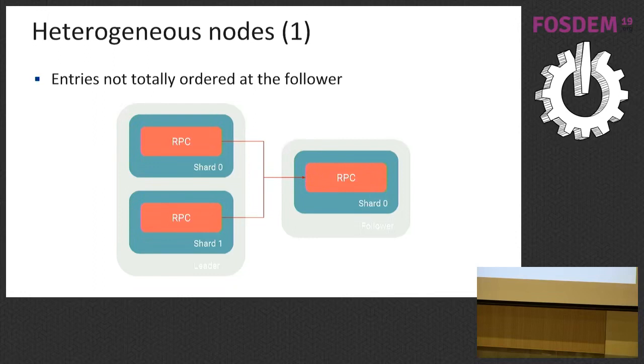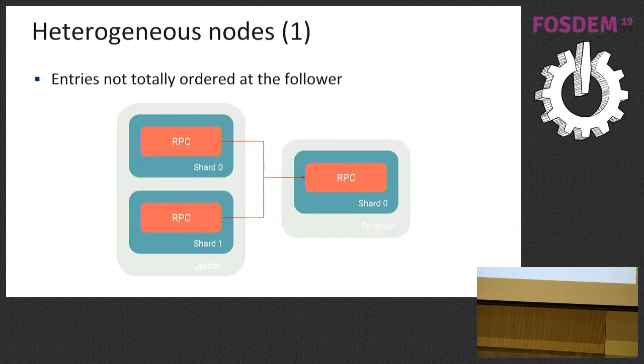In particular, for the log matching property of Raft, when we send the new log entry, we also send what we expect there to be before, so the follower can check if its log is up to date to the expectations of the leader. And if it's not, then we trigger the process by which the follower is brought up to speed.